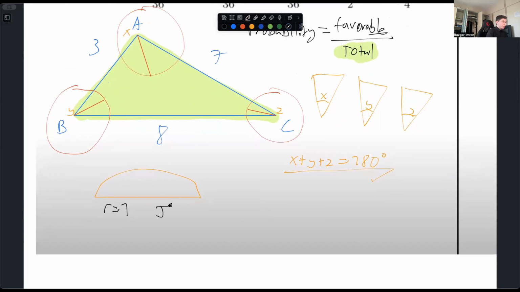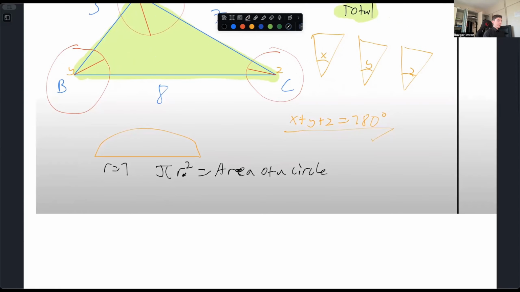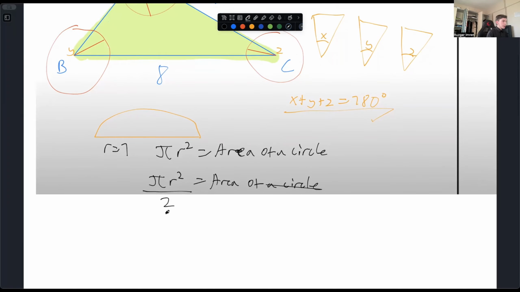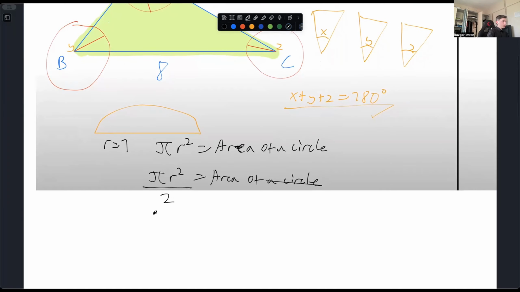So remember the formula. This is the formula of an area of a circle, so the area of a half circle would be equal to pi times radius squared over 2, which is in this case equal to pi over 2.